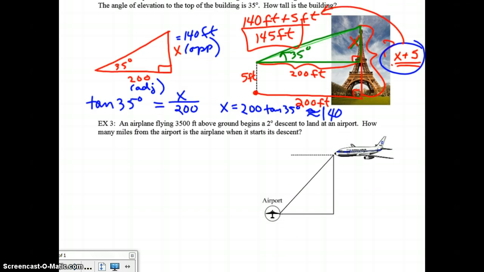Okay, let's take a look at example 3. An airplane is flying at 3,500 feet above the ground, and it begins a 2-degree descent to land at an airport. How many miles from the airport is the airplane when it starts its descent? So you can see our right triangle here.